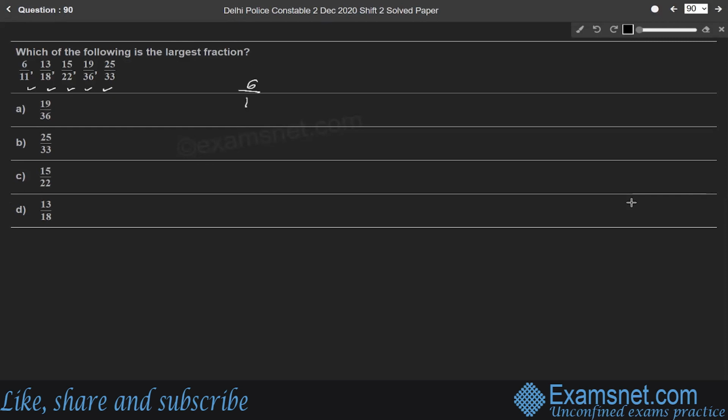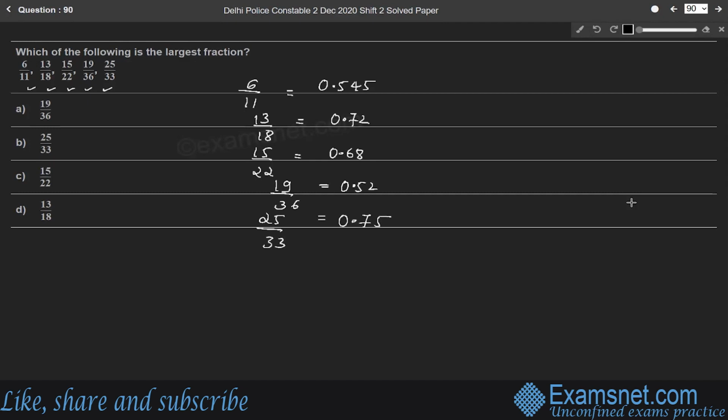So 6 by 11 is equal to 0.545, whereas the value of 13 by 18 is equal to 0.72. 15 by 22 is equal to 0.68, whereas 19 by 36 is equal to 0.52. 25 by 33 is equal to 0.75.